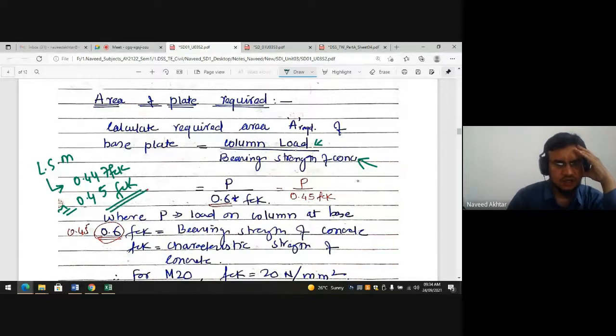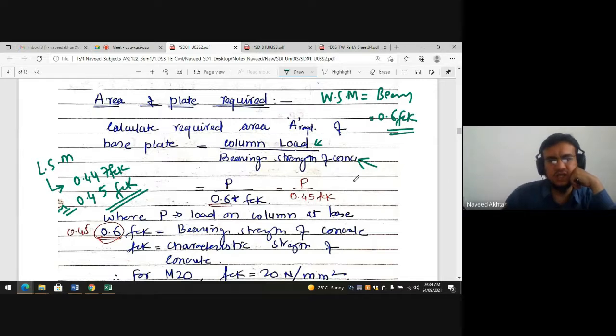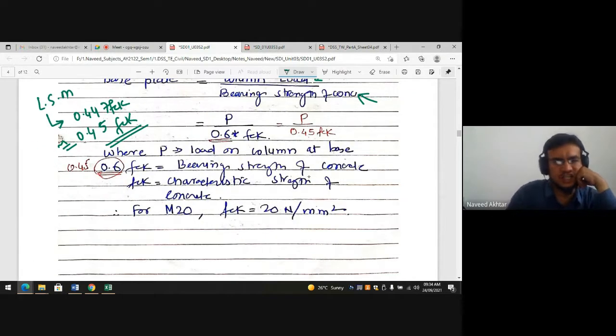So 45% is considered in LSM. In WSM, the bearing strength considered is 0.6 times fck. But because our design is fully based on LSM, we are going for the limit state method.